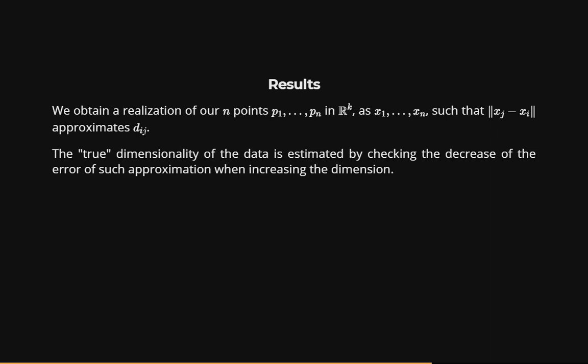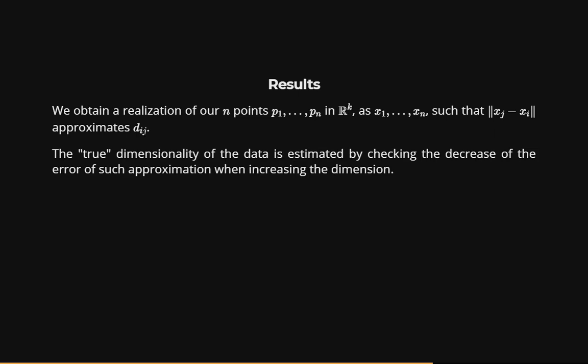Now, what do you end up with? You end up with n points. Depending on how many eigenvectors you select, you will be in a different dimension, okay? So one parameter is the number of eigenvectors you want, and you get n points, x1, ..., xn, which realize your points p1, ..., pn, which are your data set, in R^k, such that the distances approximate in some way dij.